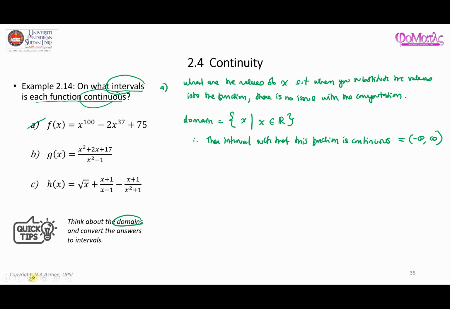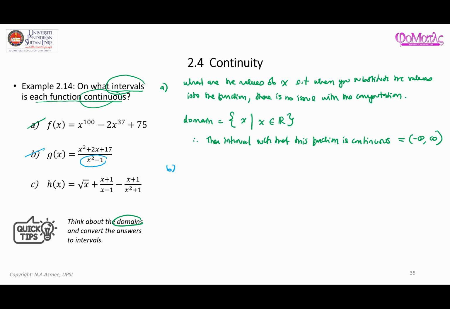Now let's move on to question B. This is a rational function. We have a numerator and a denominator, and usually with a rational function you need to pay close attention to the denominator and ensure it is not 0, because otherwise you will have a computational problem.